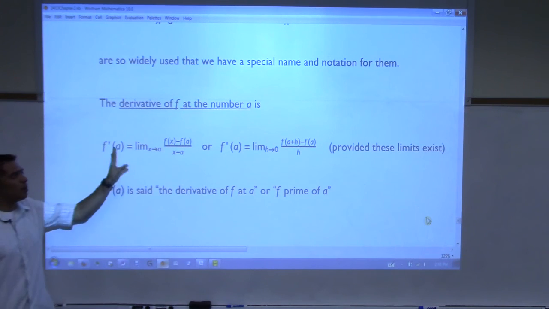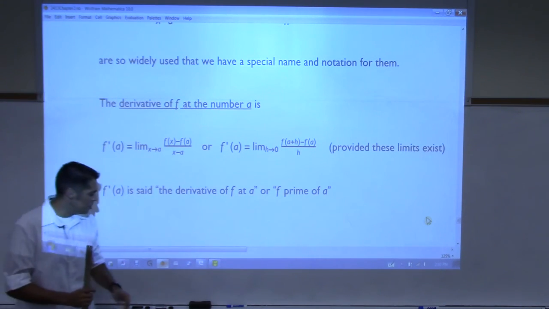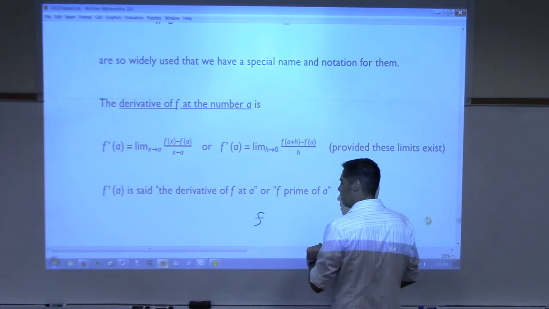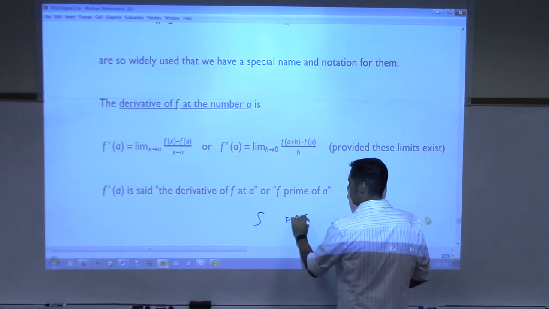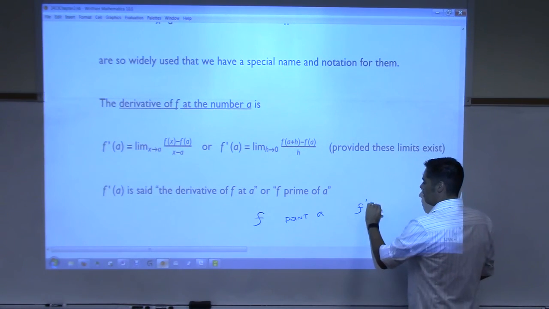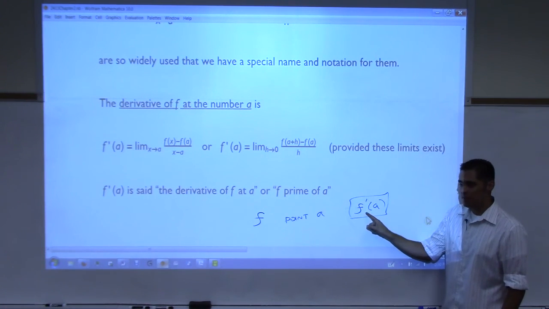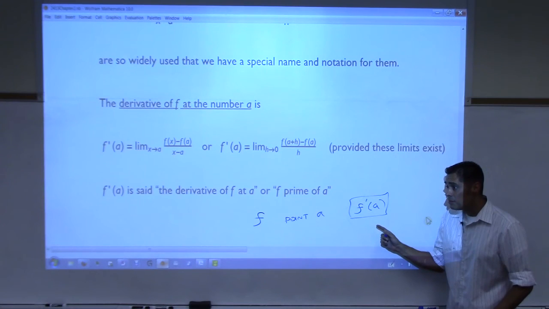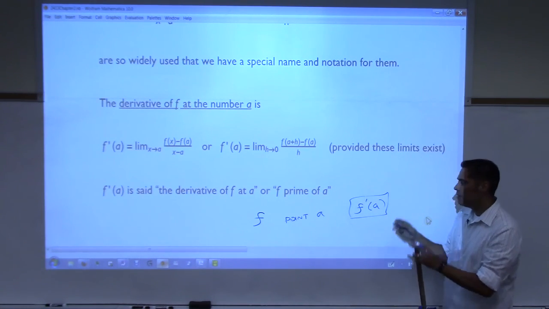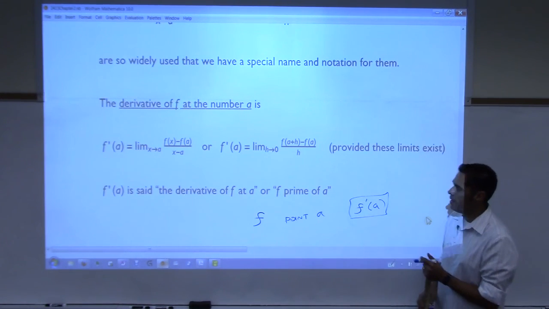So this is the first time we're actually seeing that name. Okay? So if you start with a function f, someone gives you a function f, and they give you a point a, we can define this thing, and this is the notation we use for it. This is the derivative of that function at a, but all it is is the slope of the tangent line at a. That's all it is. It's what we've been computing with the new fancy name. The derivative of the function at a.